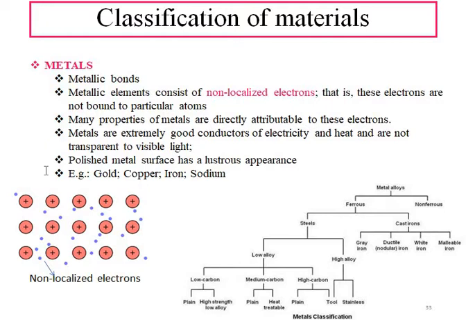For the exam point of view, if someone asks, you can write that metals or metal alloys are classified into two, that is ferrous and non-ferrous. Ferrous means containing iron and iron compounds. It is classified into steel and cast iron. Cast irons are widely divided, and steel into low alloy and high alloy.